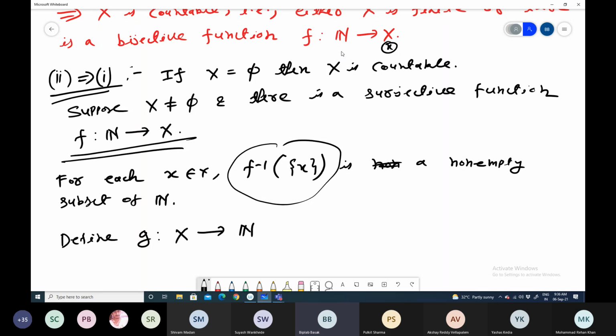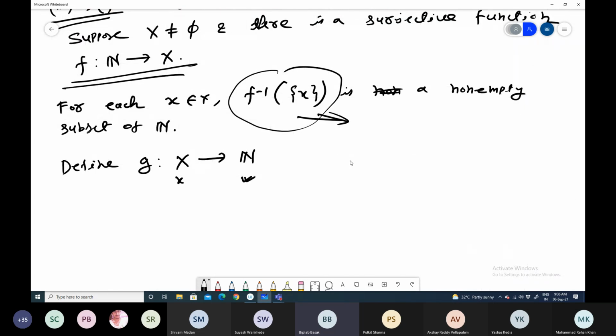That means we first choose x, then take the set f inverse of x, and take the least element of that, which will be a natural number. So we define G such that G of x equals the minimum of all natural numbers n such that f of n equals x.